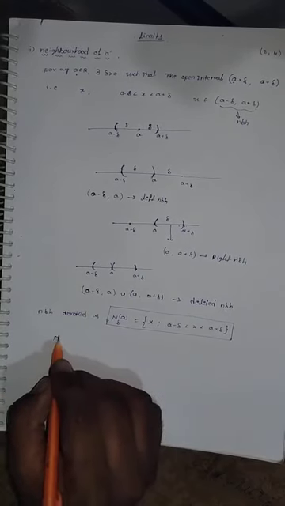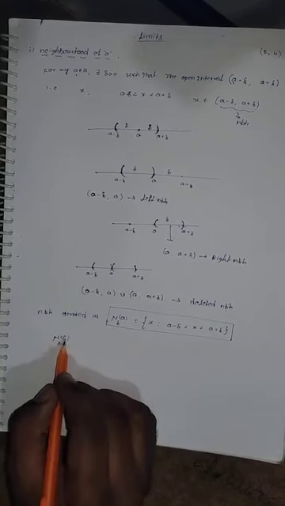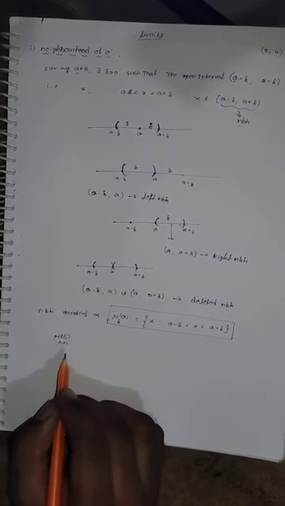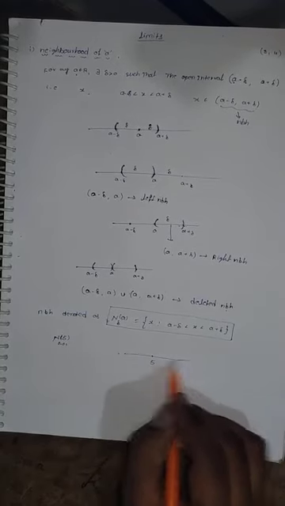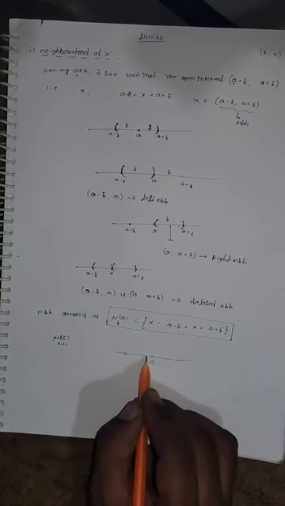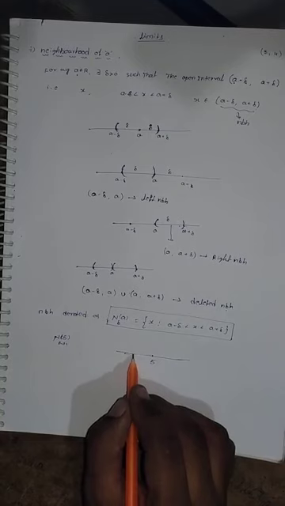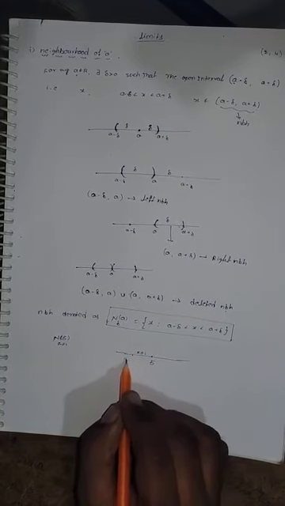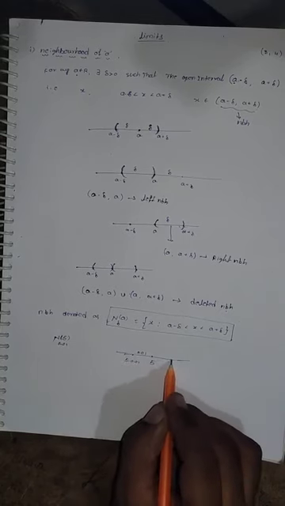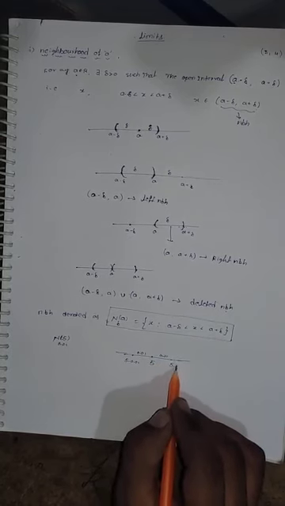For example, the neighborhood of 5 with 0.01. How do we form the interval? Here 5 is our required number, and the distance is 0.01. For our convenience, we take 0.01 distance on the left, giving 5 minus 0.01, and on the right at the same 0.01 distance, 5.01, or 5 plus 0.01.